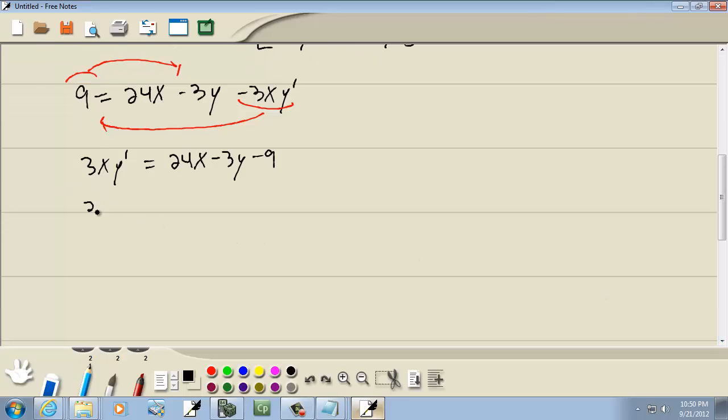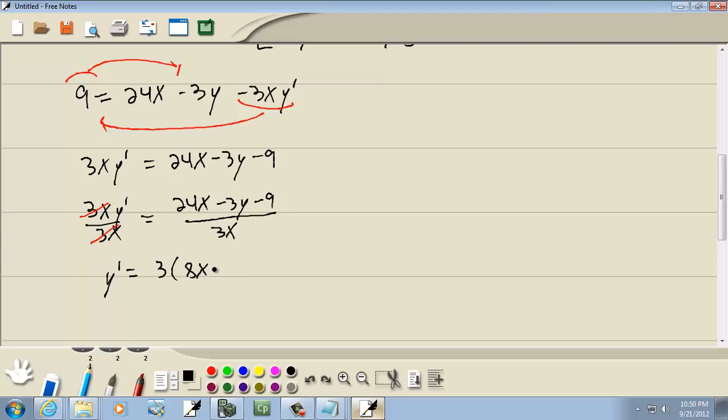Then I'm going to divide both sides by what's in front of my y prime, which is 3x. And I got 24x minus 3y minus 9 over 3x. Well, 3x cancels. And over on the right side, I noticed that all the numbers are divisible by 3. So I could actually factor a 3 out of the top.